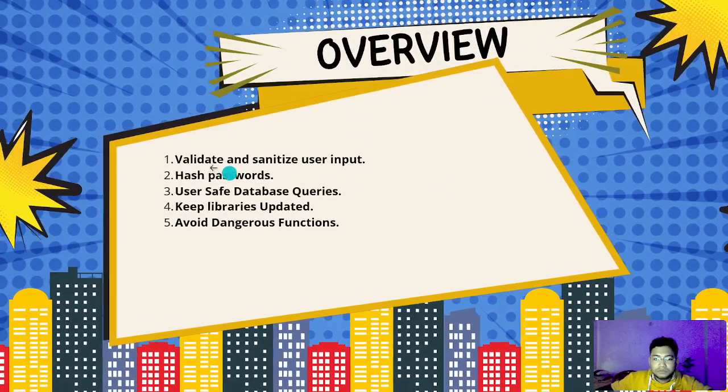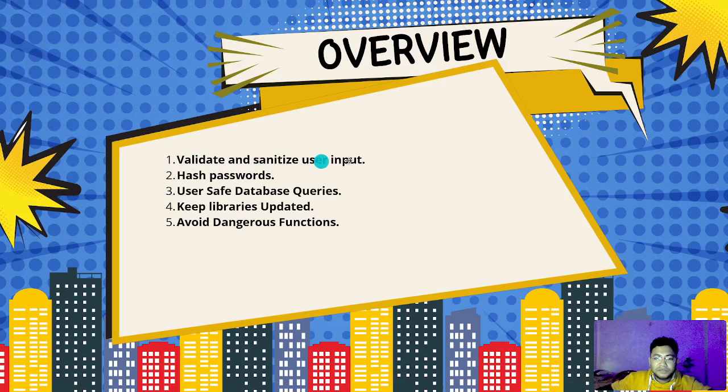So the five points: validate and sanitize user input. So always check what users are entering, and for example, make sure that their name doesn't contain weird characters or unexpected code. So always add these restrictions while creating a username.